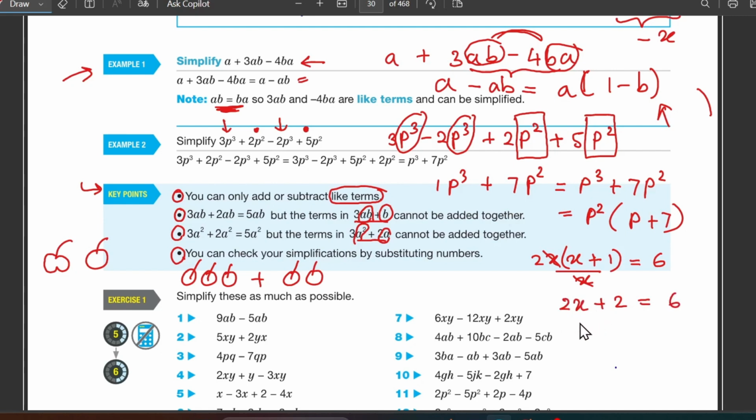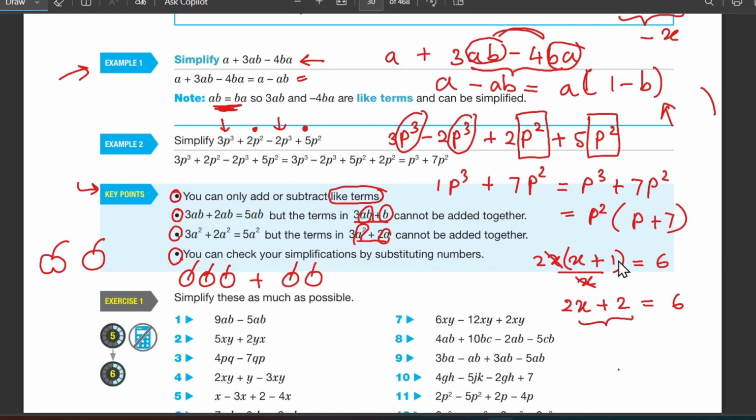So we can check whether our simplification is correct or not by substituting one value into the unsimplified version and checking whether we get the same value in the simplified version. Okay, so that we can use to know whether our simplification is correct or not.